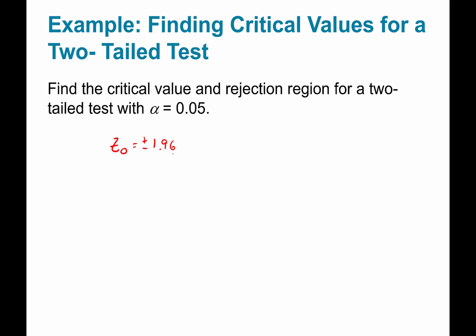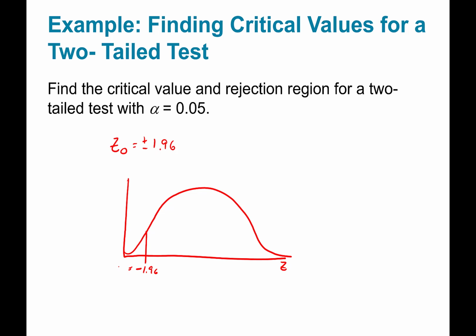So then what does this look like? We sketch out our region, our z distribution. So here's negative 1.96. So that's negative z0, the negative value of z.